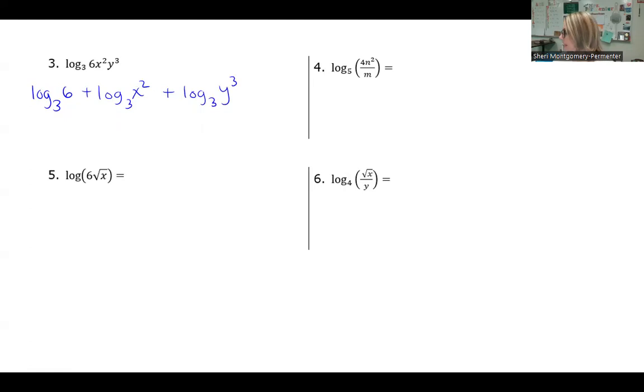So don't forget your base. Everything has to have the same base. So any questions so far? All we did was expand it out.